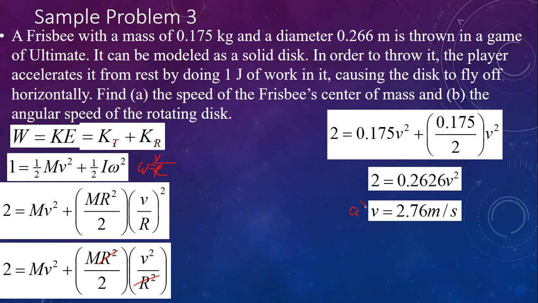So this is the speed of the center of mass of the disk. If the disk is rotating and also moving, that's the speed that it's moving at.